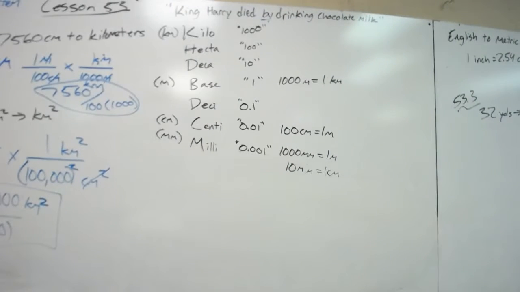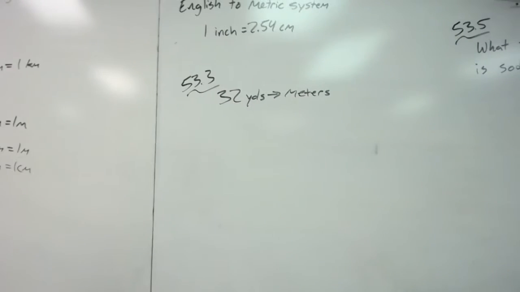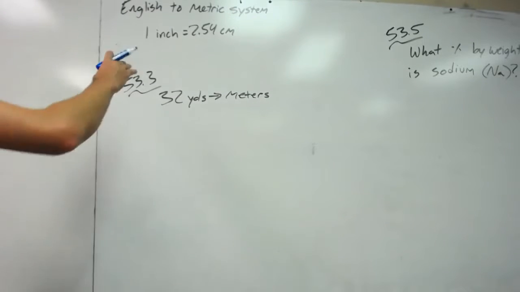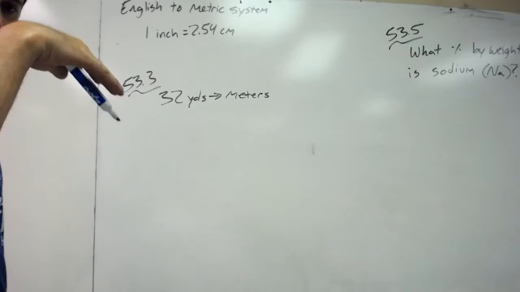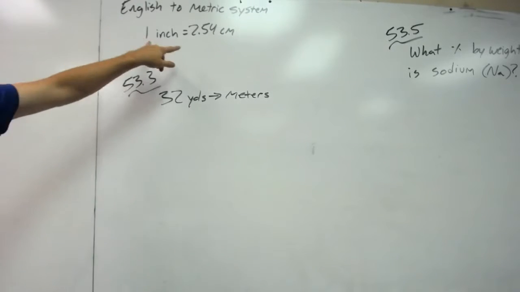Now, so that's the metric system. Let's look at unit conversion problems that go from the English system to the metric system or vice versa. So English system, we're talking about our inches, miles, feet, yards, things we use in America. Metric system is theirs. How do we have a converter?